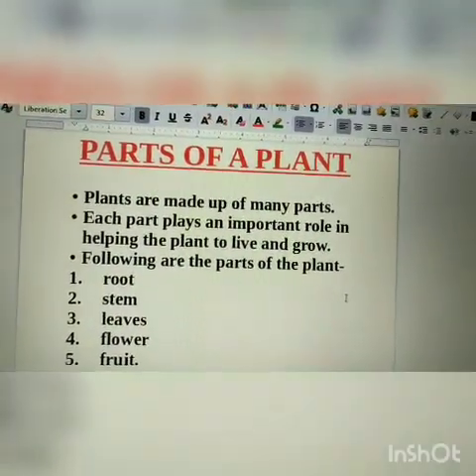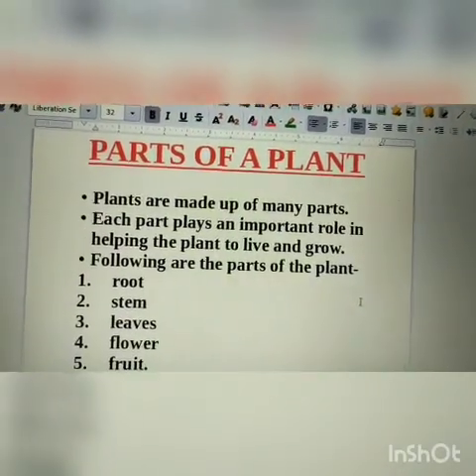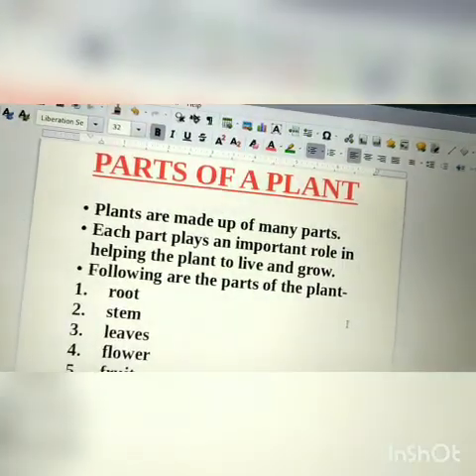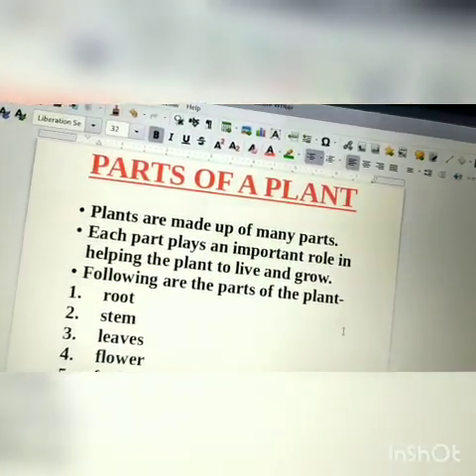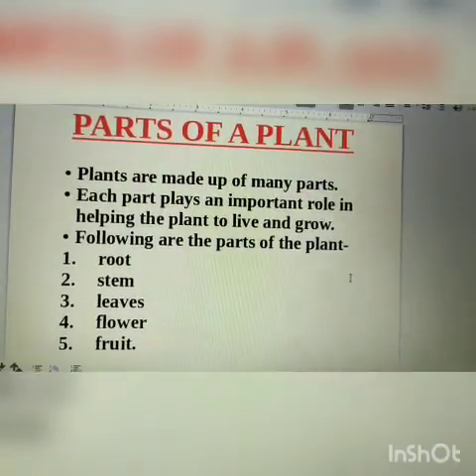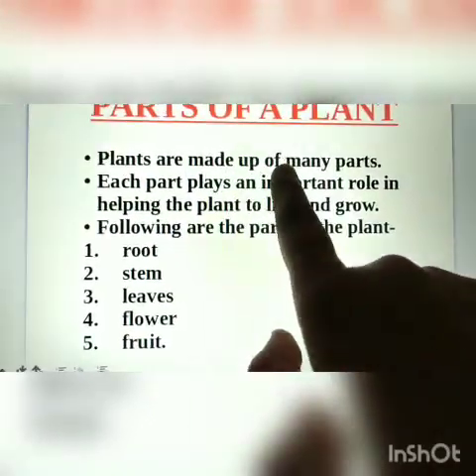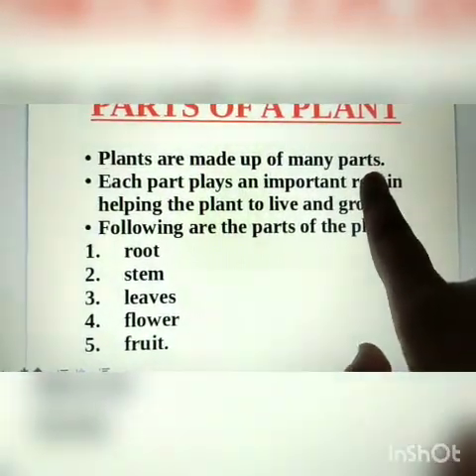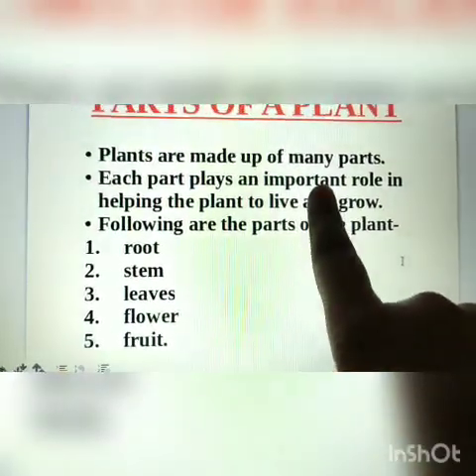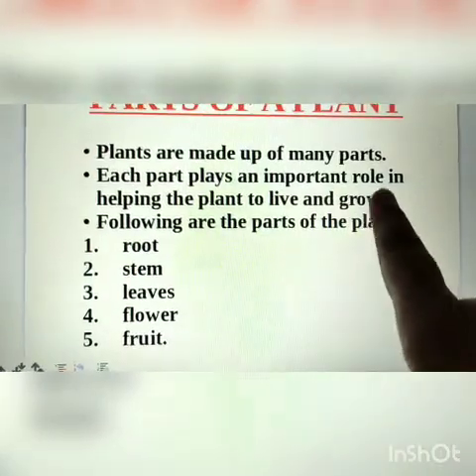Hello children, in the previous video we have learnt that like us, plant body is also made up of different parts. Like us humans, the plants are made up of many parts and each part plays an important role in helping the plant to live and grow.